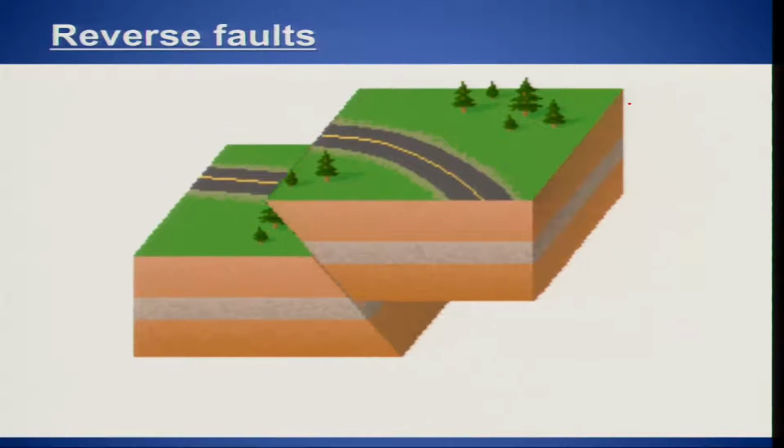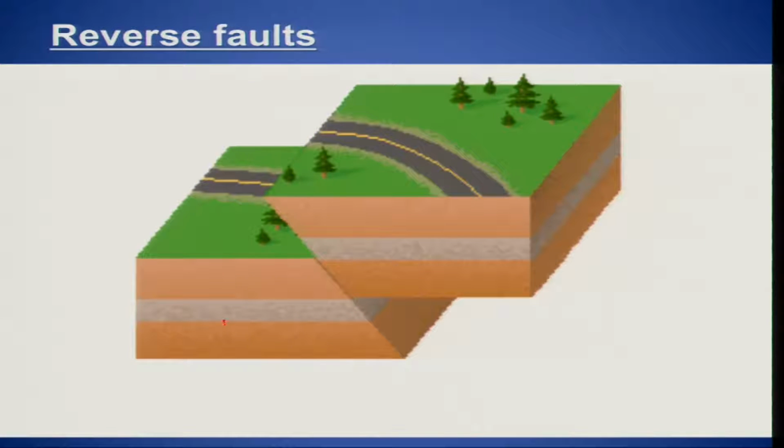And if the hanging wall has moved up, in this case this is the foot wall and this is your hanging wall. The hanging wall has moved up. So, if the hanging wall is moving up with respect to the foot wall, then we term that as a reverse fault.